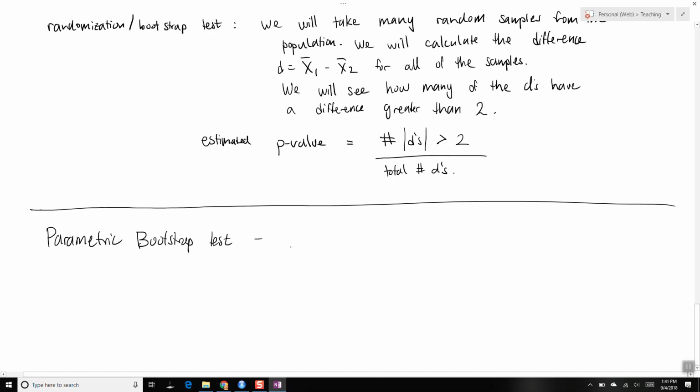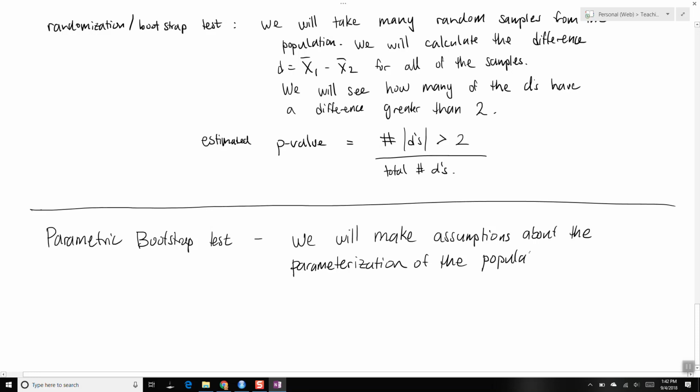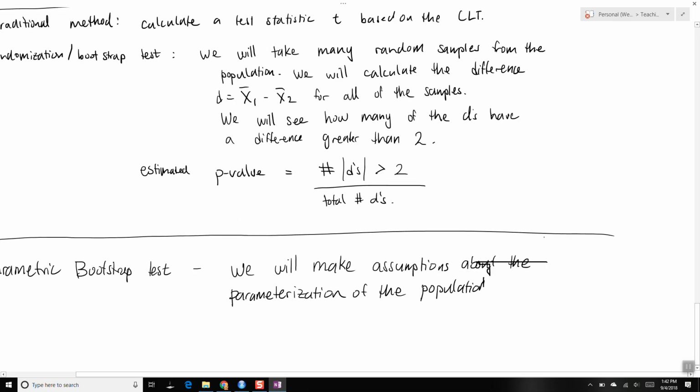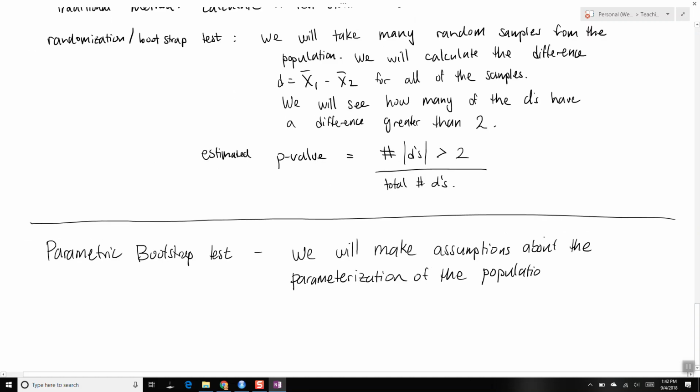Okay, in the parametric bootstrap test, we will make assumptions. I mean, this is a little bit dangerous, but we will make assumptions about the parameterization of the populations. It's called parametric because we make assumptions about the parameterizations of the populations.